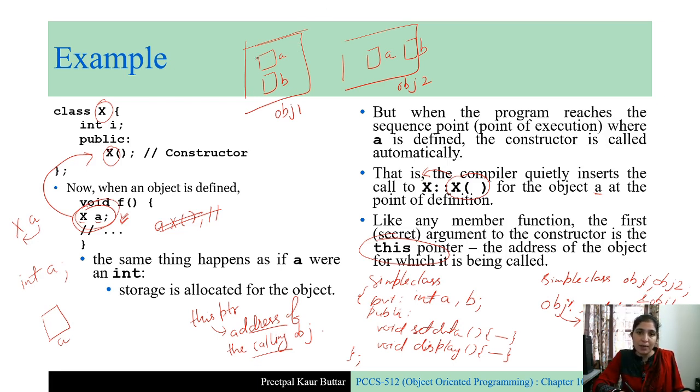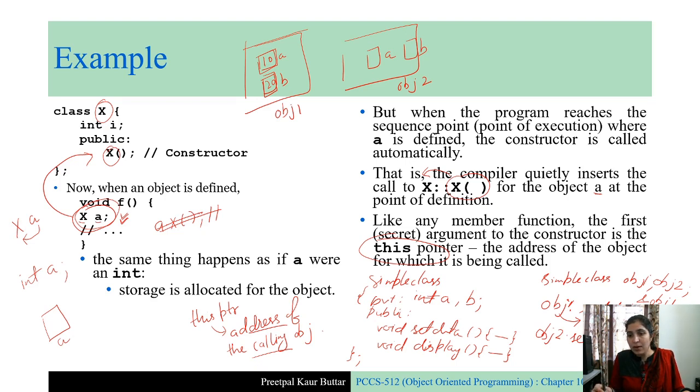So the address of obj1 is passed. It means the A and B data members which are related to obj1 will be set to 10 and 20. And when you are doing obj2 dot set data, then secretly the address of obj2 will be passed.